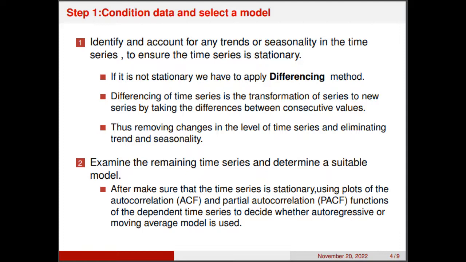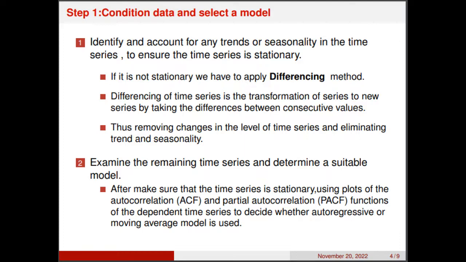For this step we have two sub-steps. In the first sub-step, we have to find out the trends and seasonality in the time series to ensure the time series is stationary. If the time series is not stationary, then we have to apply the differencing method.